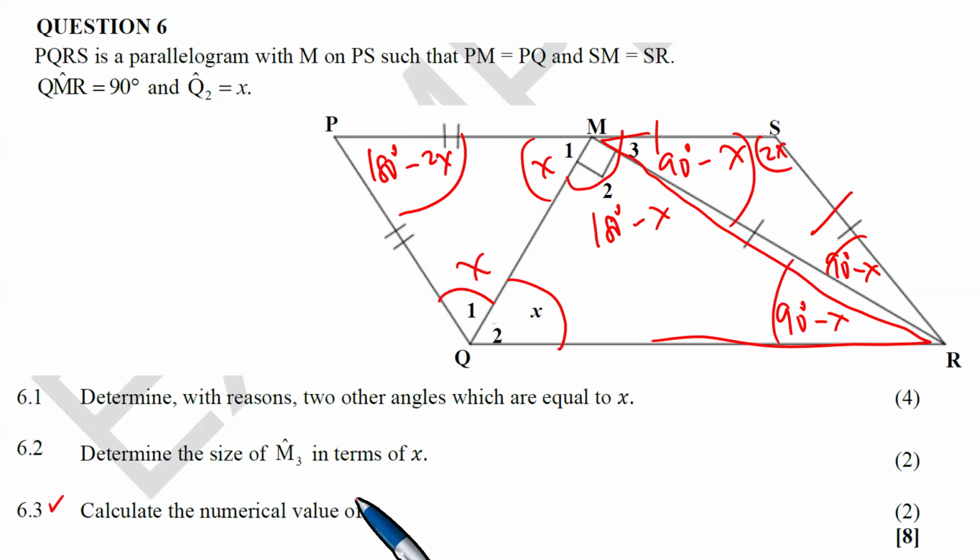Okay, so now you need to calculate the numerical value of x here. You need to calculate the numerical value of x at this point if this is the case. Okay, so if you consider this plus that, it is actually 90 and x, which is 90 degrees plus x.